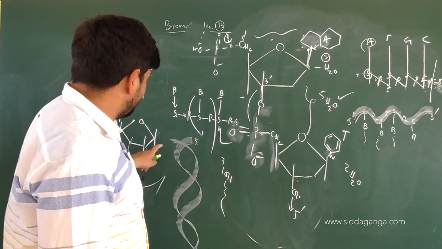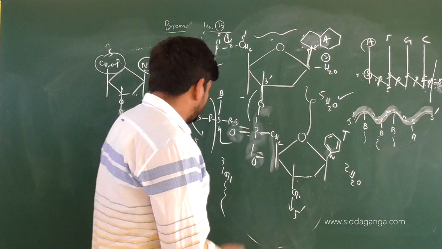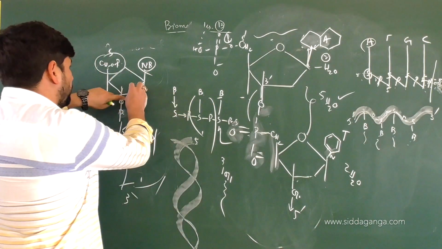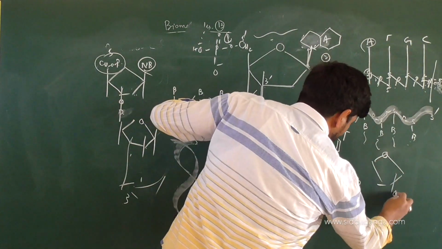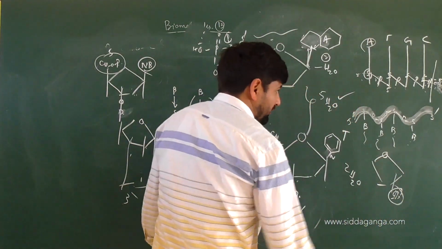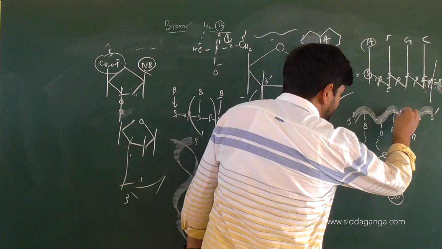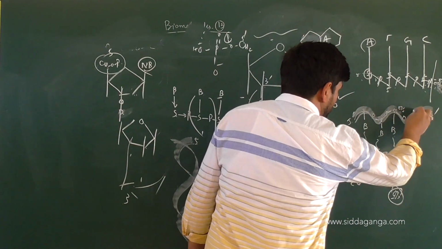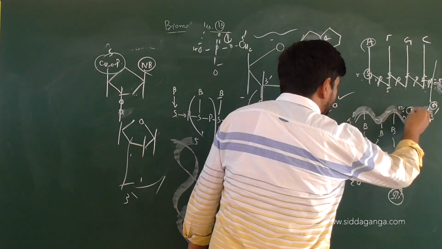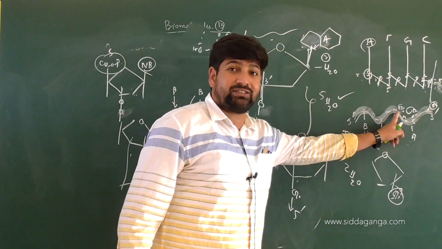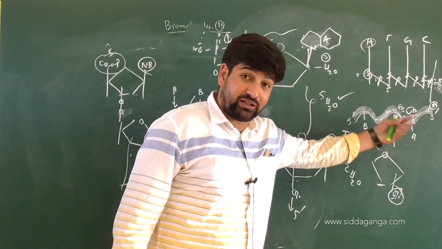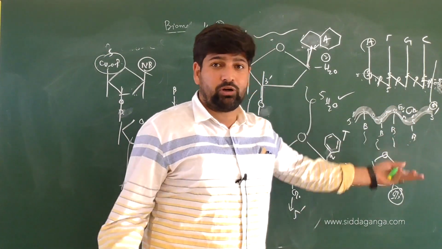Now, children, remember that if it was RNA, in the sugar this OH group will remain as such. If it was RNA, this OH group will remain as such. And there will be some OH group looming out from the sugar, right or not? That OH group can undergo different types of reactions. If it undergoes different types of reactions, the helical structure of that particular molecule will not be maintained.